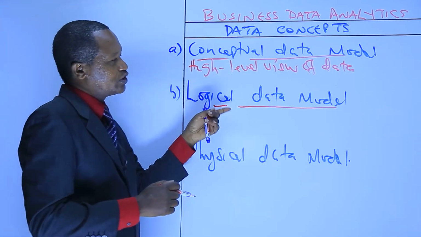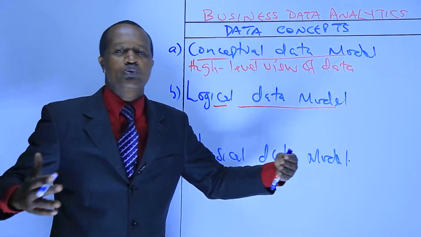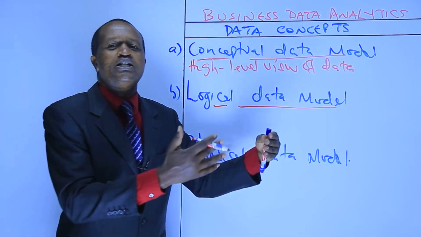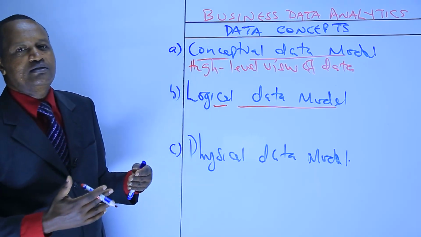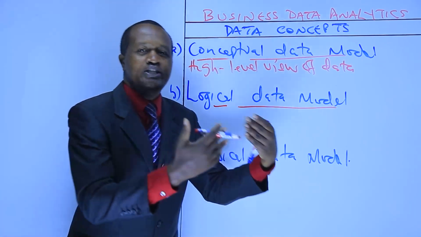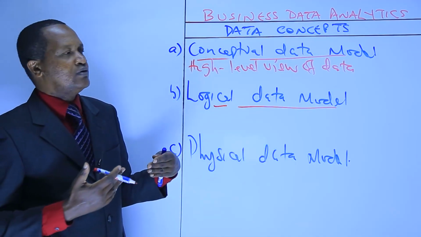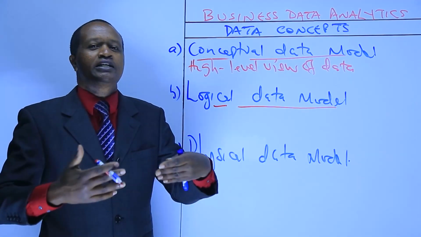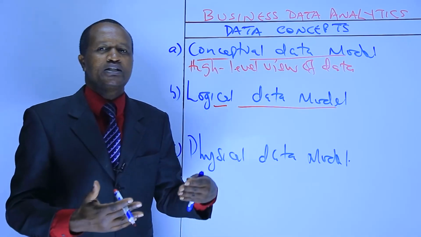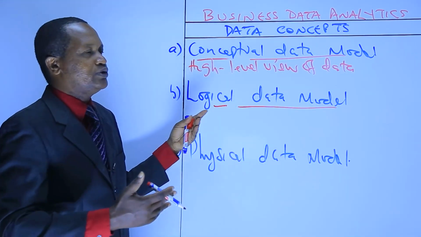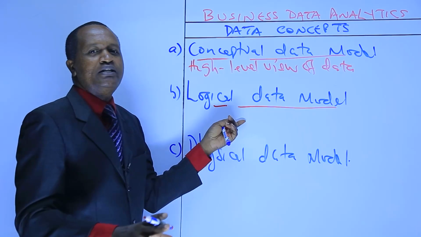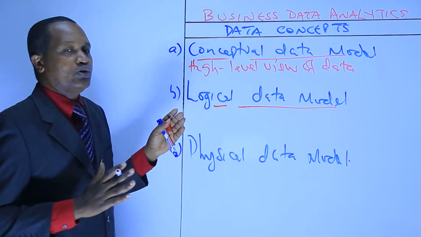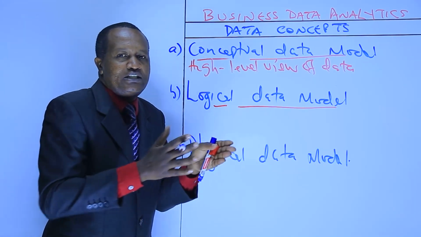But the logical data model now expounds the conceptual data model by getting into the details, by getting into the structure of the business concepts. The logical data model defines the relationship between entities, between the attributes, the data elements, and so on. It gets into the nitty-gritties.